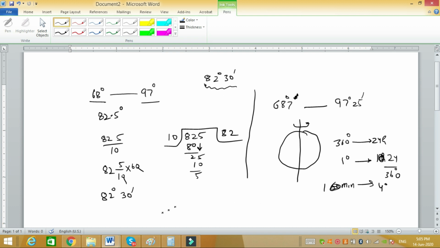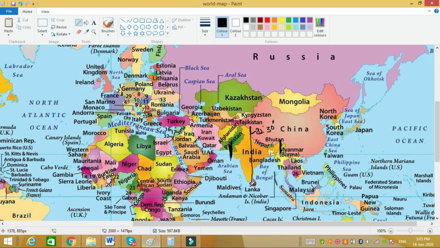We'll come back to this map. The countries or states on the right hand side of this map each have a particular value of longitude. By calculating the difference of the longitude with this standard meridian, you can calculate the local time.